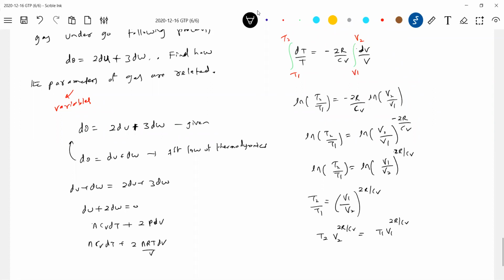So what is the generalized equation? What is Cv? R by gamma minus 1, we can write it as. So this will become TV to the power, okay, this is the equation.